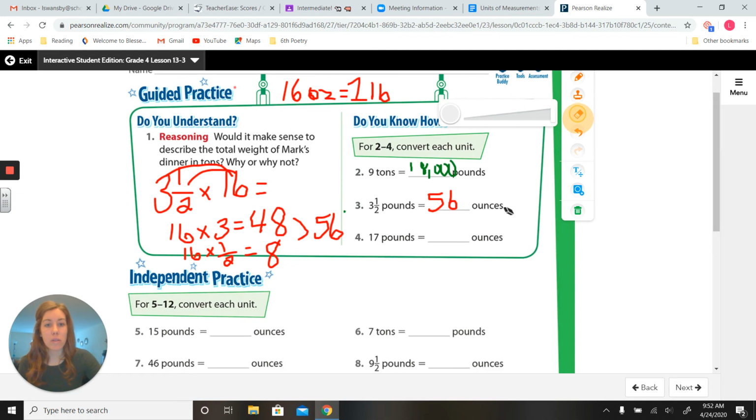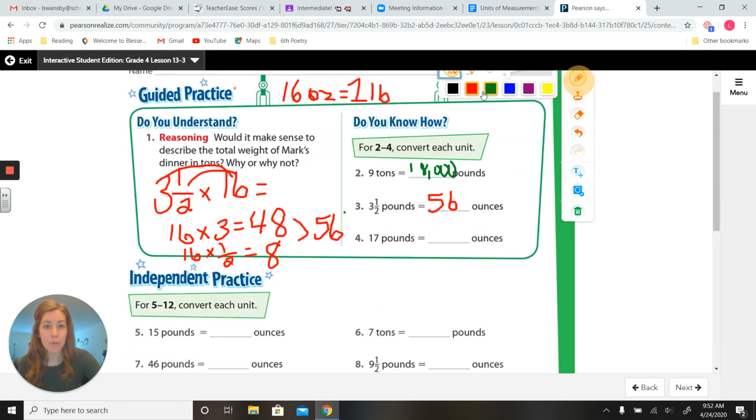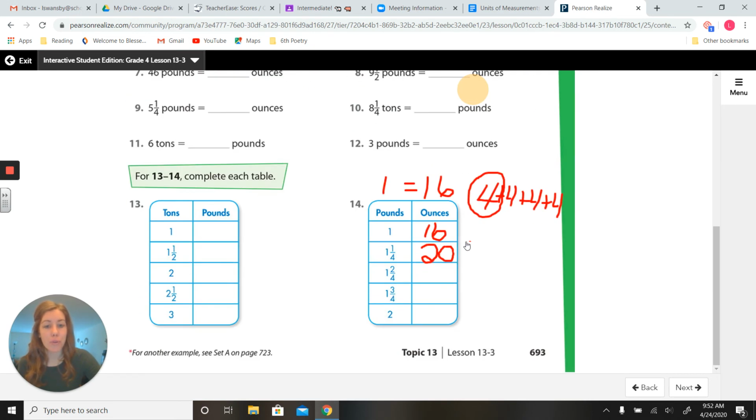You could also try it just the regular multiplication way. If that's your groove, stick with your groove. So if your groove is to do 1 times 16 and then 1/4 times 16, stick with that. Well, 1 times 16 is 16, 1 times 16 is 16 over 4. And 16 divided by 4 is 4. So 4 plus 16 gives you 20.